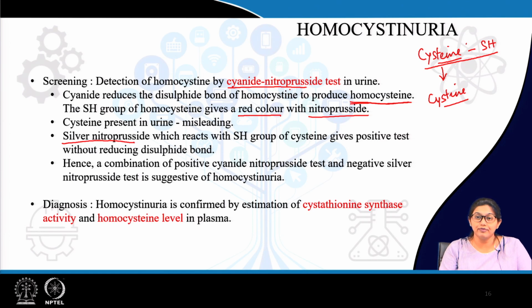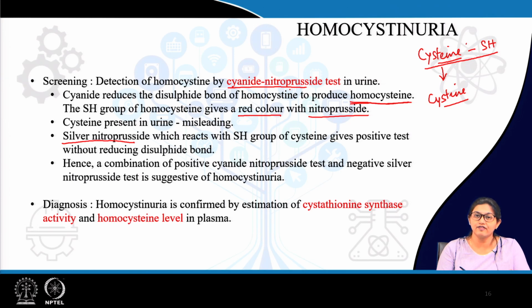Homocysteine will not react to silver nitroprusside or give rise to a red color. So, how to discriminate cystinuria and homocystinuria? By doing both tests, the cyanide nitroprusside test as well as the silver nitroprusside test.